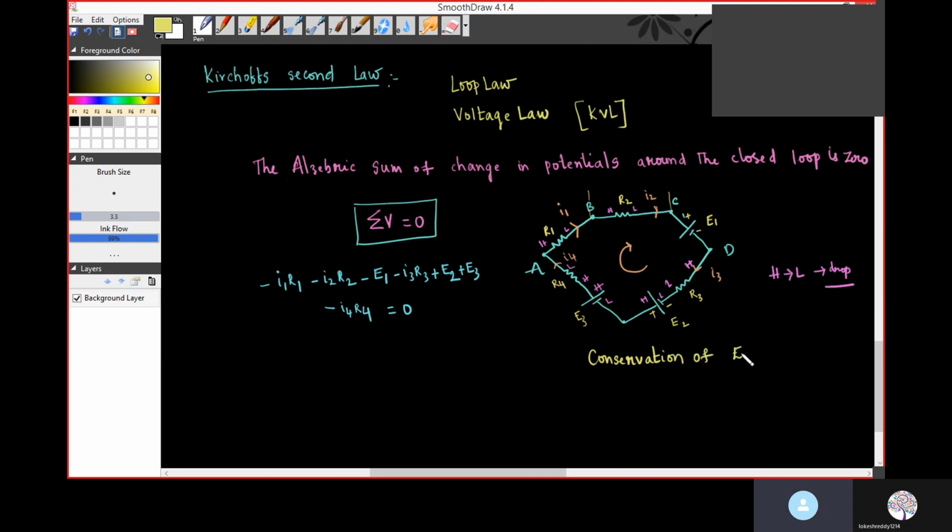This is based on conservation of energy. Earlier one is based on Kirchhoff current law, which is based on conservation of charge. Here it is conservation of energy.